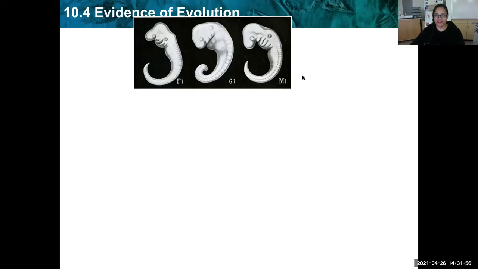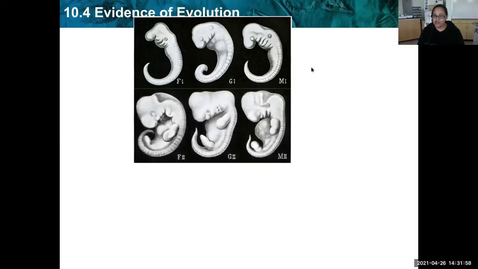Yeah, no, can't really tell. What about from this panel? Can we tell which one's human? These are the same embryos, just a little bit older. Can anyone tell? Anyone want to guess which one is the human? Still no, yep.